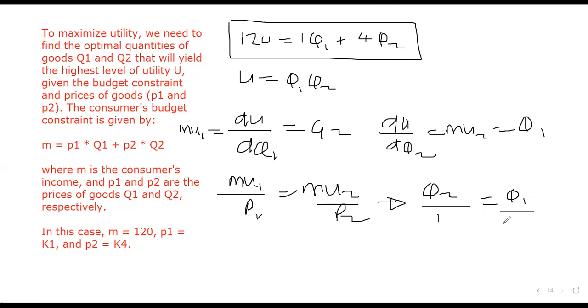The price of this one is 4/4. When you cross multiply, you're going to have Q1 is equal to 4Q2. So now this is what you substitute in the budget line. So where there is Q1, we're going to put 4Q2.